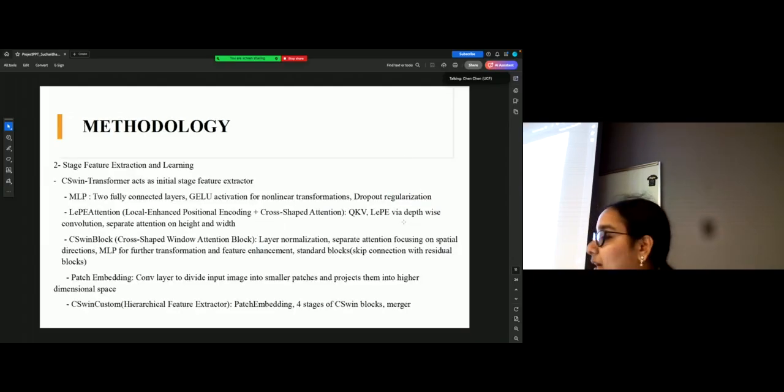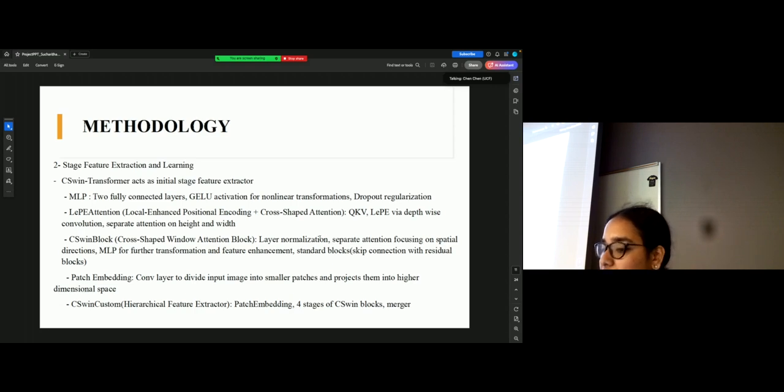The CSWin transformer acts as a feature extractor. Because of the time constraint, I will explain the main block. The main block is the attention block, locally enhanced positional encoding with cross-shaped attention. As in MedViT, it will also have the patch embedding and those layers. Why I used CSWin as a feature extractor is that I felt the emphysema data has lower quality compared to fibrosis.